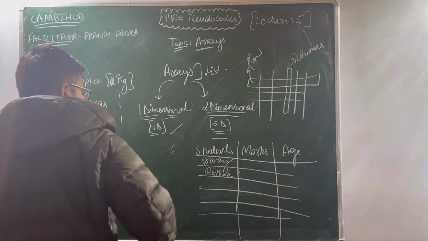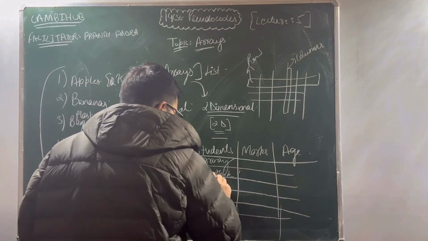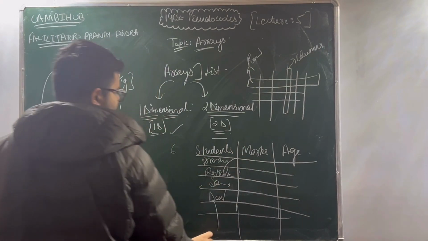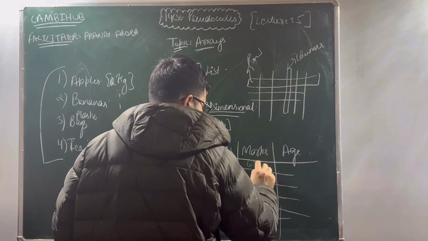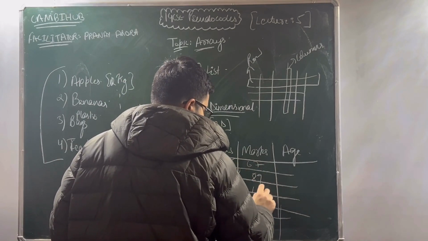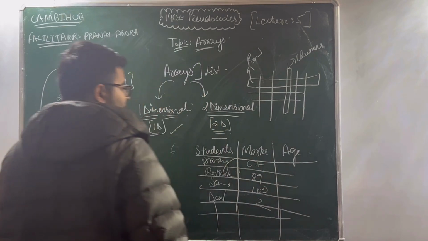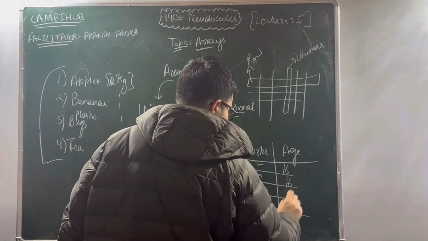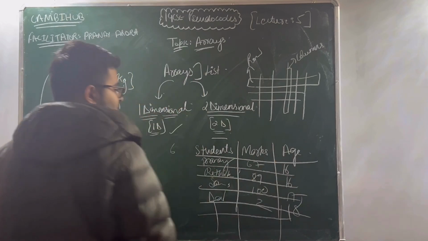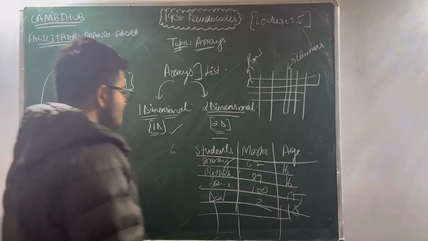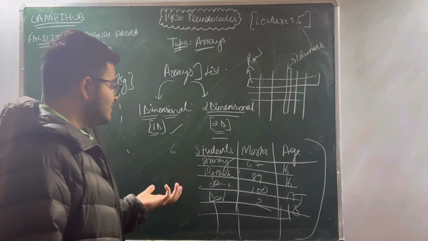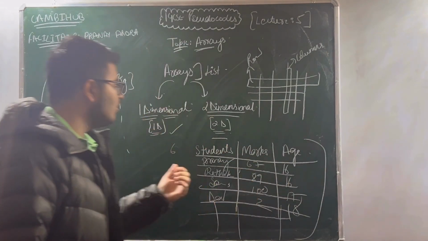Let's take Sam, let's take Dev. Multiple people, their score also 67, 89, 100, 2. Let's take their age also, for example 16, 16, 17, 18. So this kind of a set of data, when I have more than one data stream, I have the concept of rows and columns.